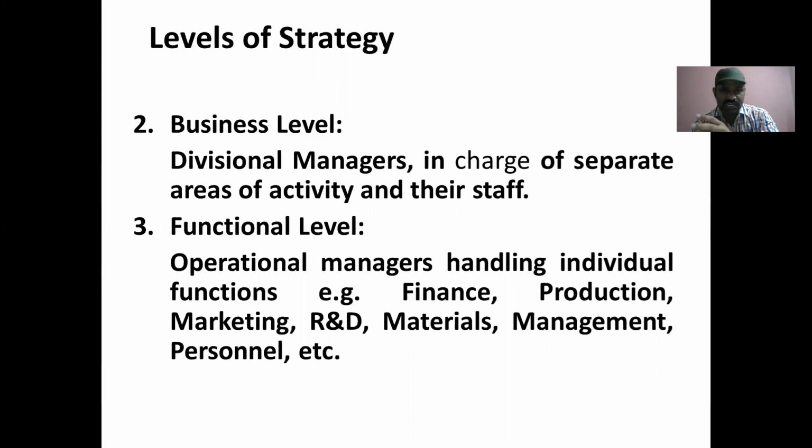TCS has its own functional departments. And for every department, the company appoints a manager known as functional managers, like production manager, marketing manager, HR manager, and so on. So these are the three levels of management in the case of conglomerate companies, namely corporate level, business level, and functional level.